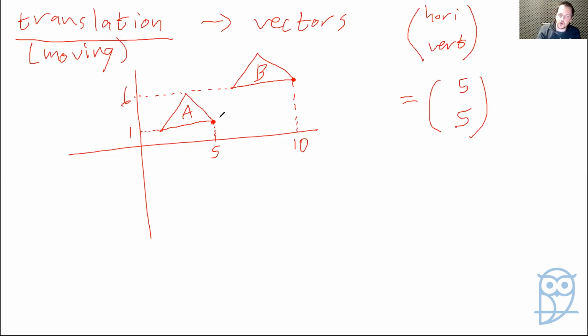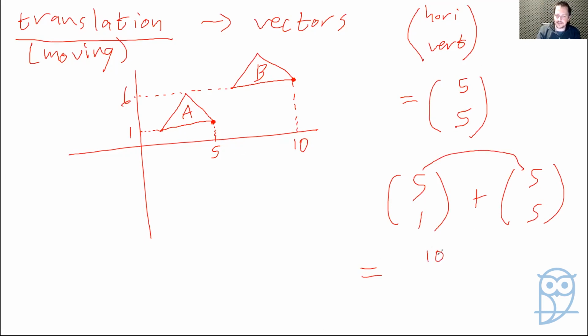Because if I take any coordinate here, such as my 5, 1, and I add on my translation vector 5, 5, I could have 5 plus 5, which makes 10, 1 plus 5, which makes 6, and that is the coordinate that I end up with.